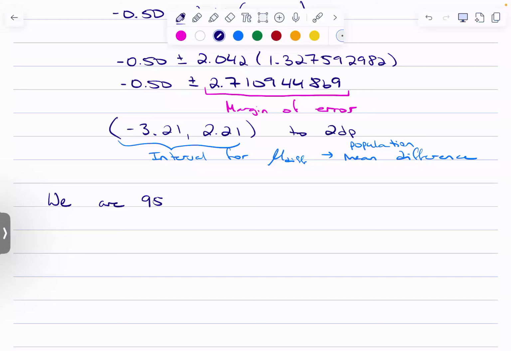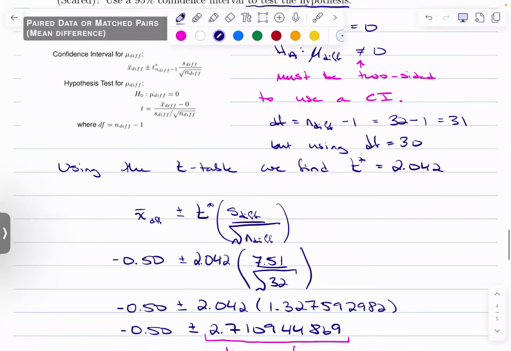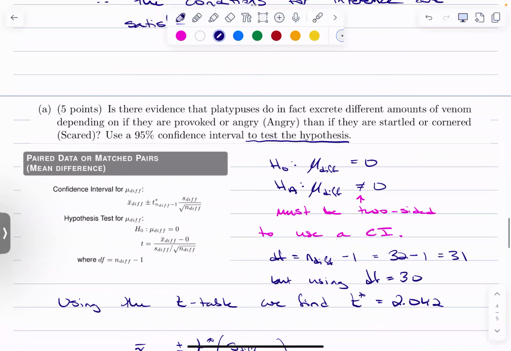We are 95% confident the interval from negative 3.21 to 2.21 captures the population mean difference.